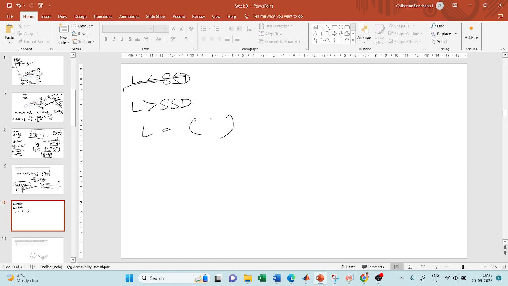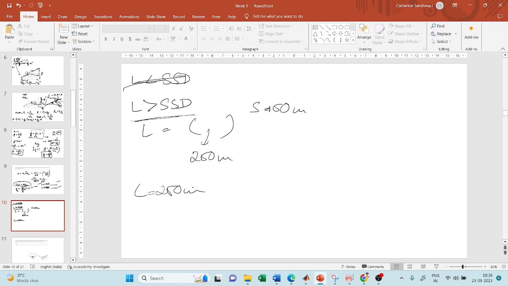You know the value of SSD now, it is 150 meters. If the length of the curve is greater than SSD, you would have found a final value. If this is 250 meters, then the assumption that you've made is correct, and you can go ahead and say that my length of the curve is 250 meters.